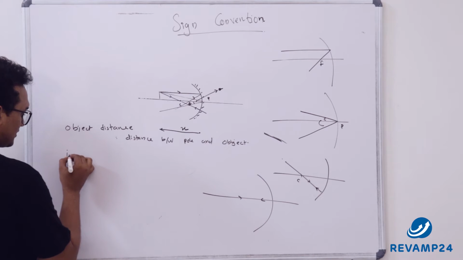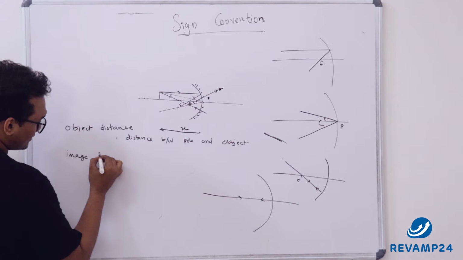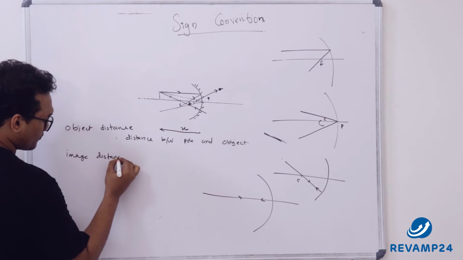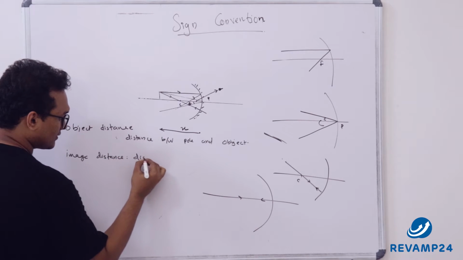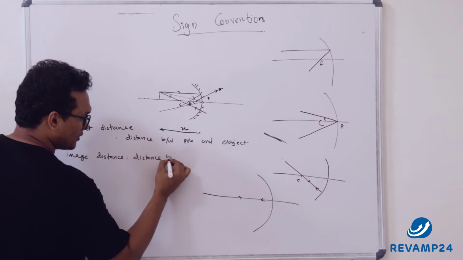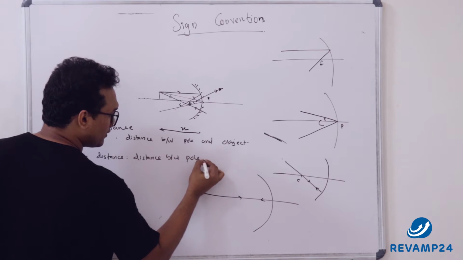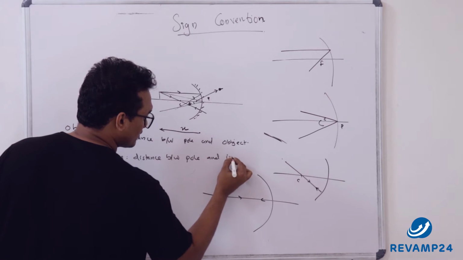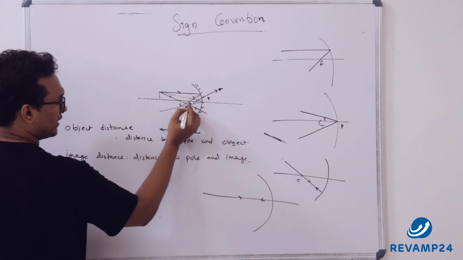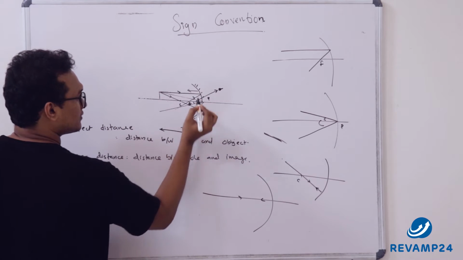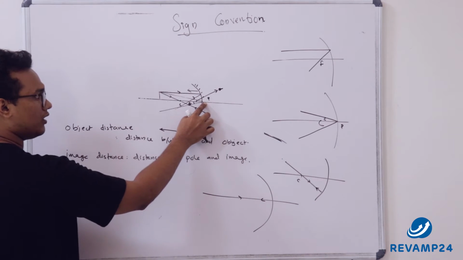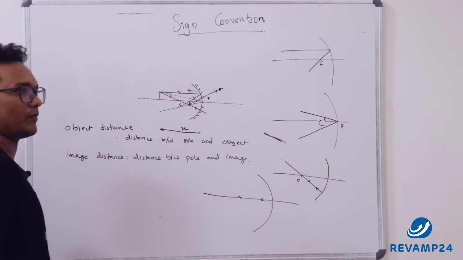Next is image distance. Image distance is the distance between pole and image. Where is the image? Here is the image. So always from the pole we have to take the measurement.